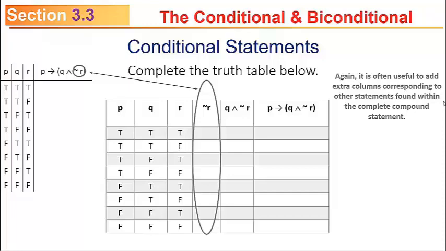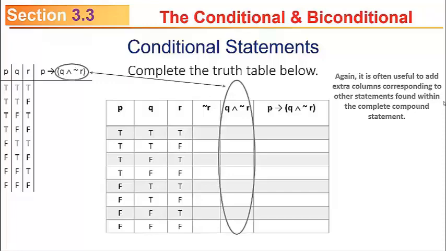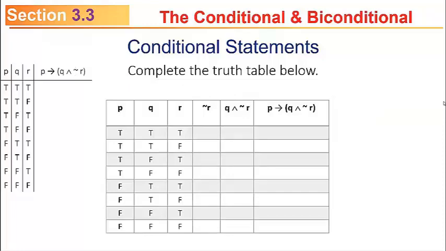There's also a Q and not R piece, so I'll make a column for that, and then of course you want a column for the final statement as a whole. So I will take that original truth table and add these columns to make it a little easier to work through the way I've been doing it.